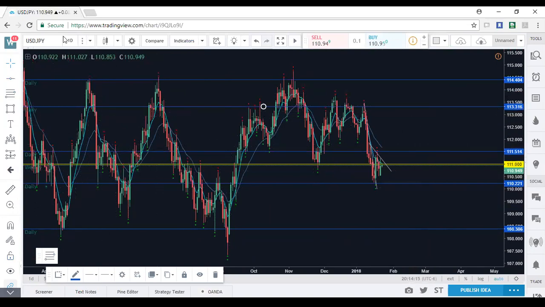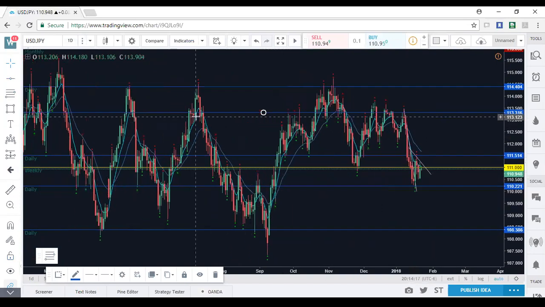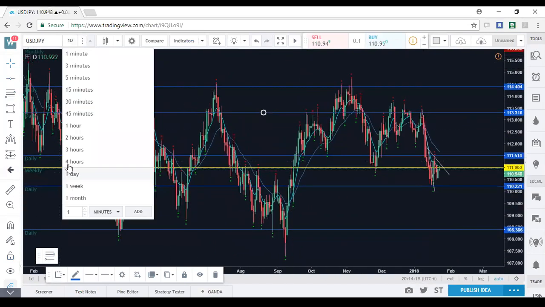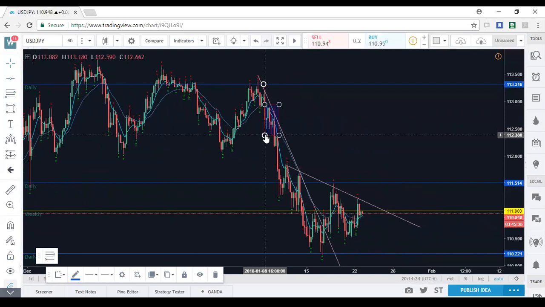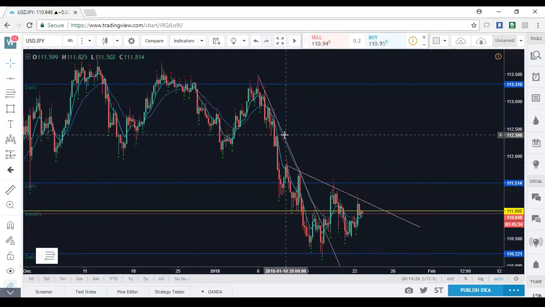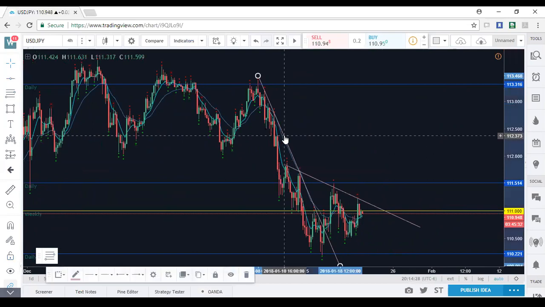Let's see. So once you mark up your daily levels, you'll go to your 4-hour. I don't know if I can. Let's get rid of these.